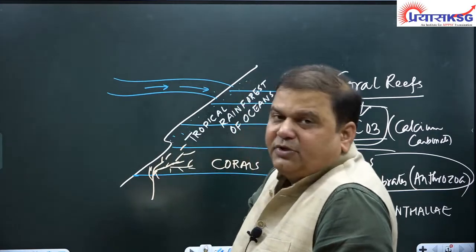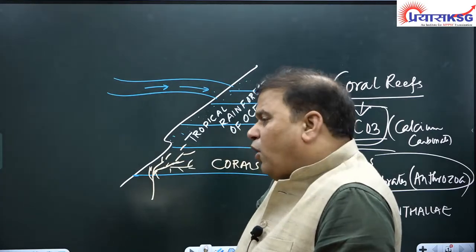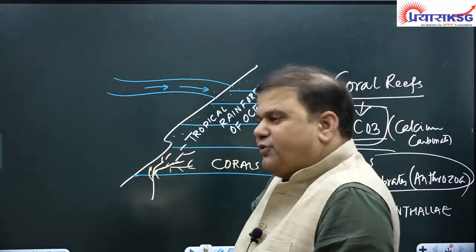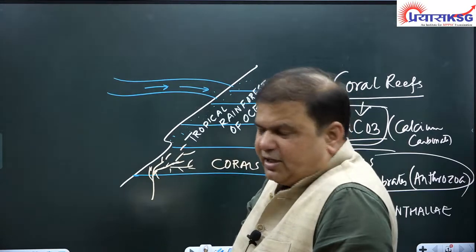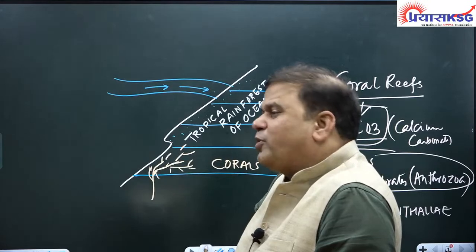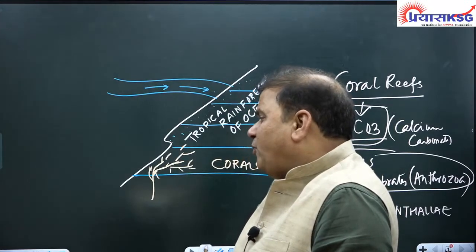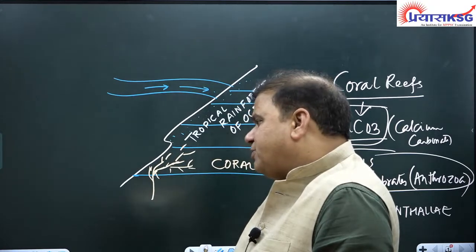I repeat, succession is a process which includes all ecological changes by virtue of which species get established in an area. So, if suppose these species are animal species, then it would be called as animal succession. If suppose they are in the form of vegetation, then it would be called as plant succession.